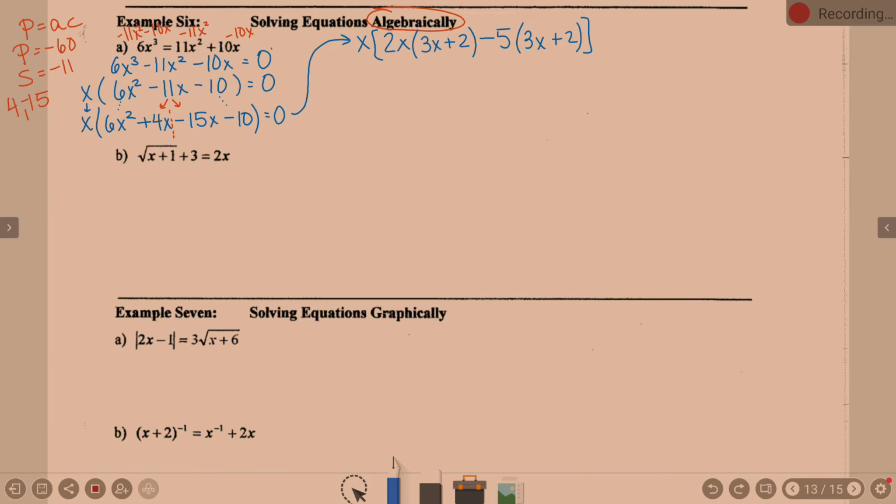What am I going to say about this x out front? Carry it down. And then, do you see your 2 matching parentheses? So 3x plus 2 is the GCF there. And then the leftovers, 2x minus 5. And officially, when we moved over to this side, I dropped off the fact that this is an equation, right? It equals 0.